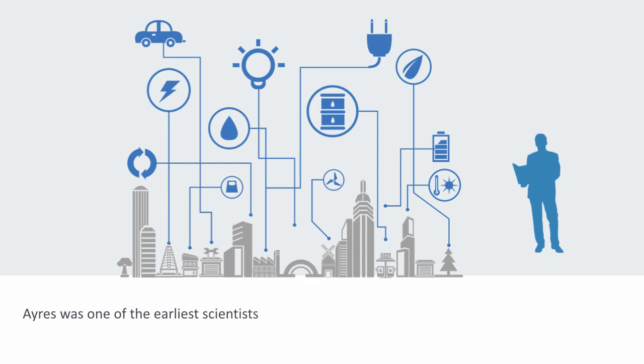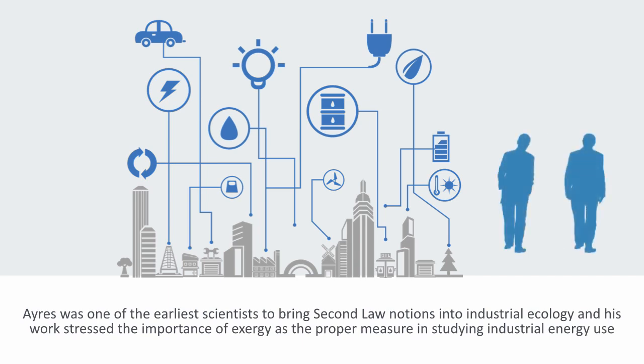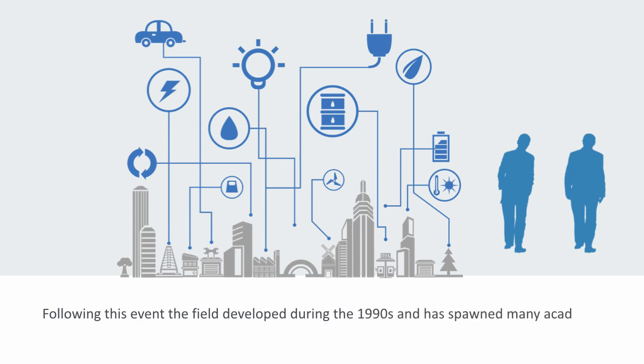The term industrial ecology was then popularized following the publication in 1989 of a seminal article in Scientific American by Robert Frosch and Nicholas Gallopoulos. Following this event, the field developed during the 1990s and it spawned many academic programs, several journals, and an international society.